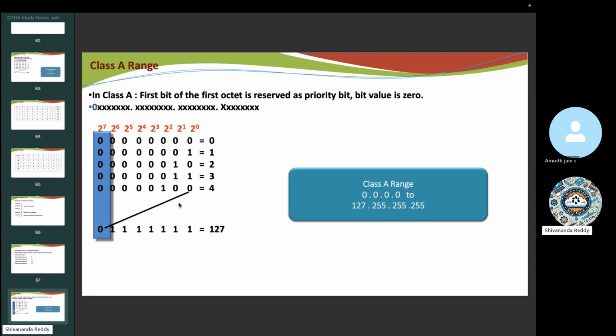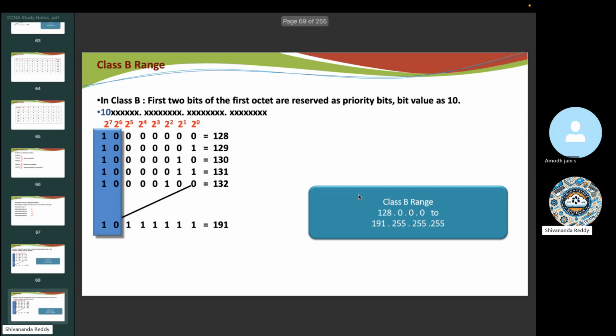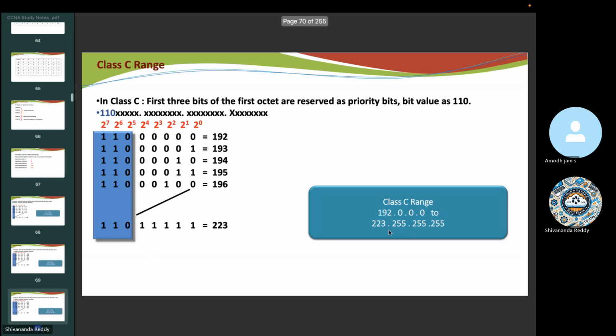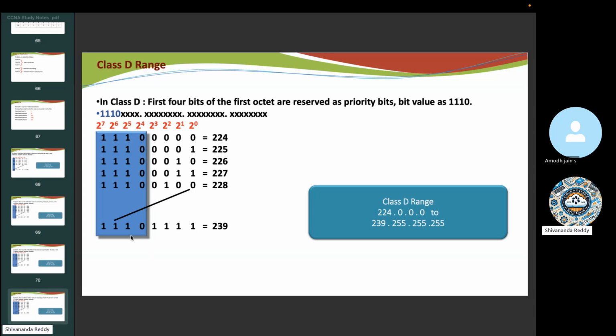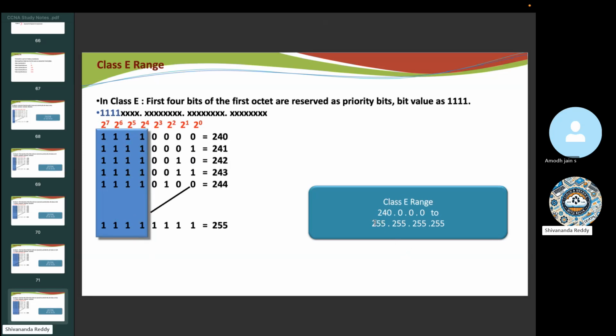Then the last one is 127.255.255.255. The first bit is a reserved value, you can ignore that, then the next values will be calculated. In class B, the first two bits are priority bits, which we ignore. That's the reason it starts from 128 and goes to 191. See, the third one, 110, starts at 192 to 223. Then 1110 starts at 224 to 239, then 240 to 255, like this.